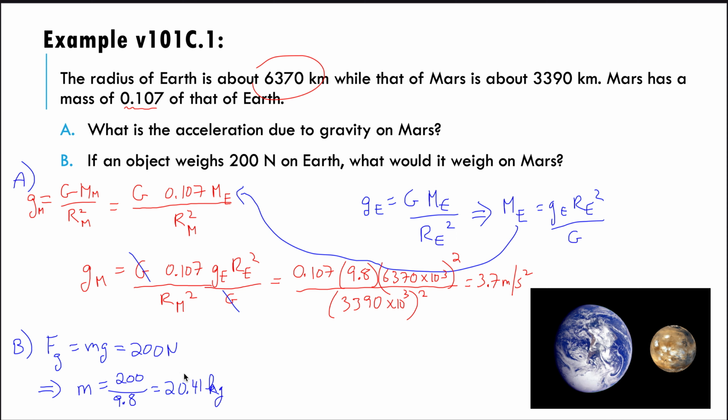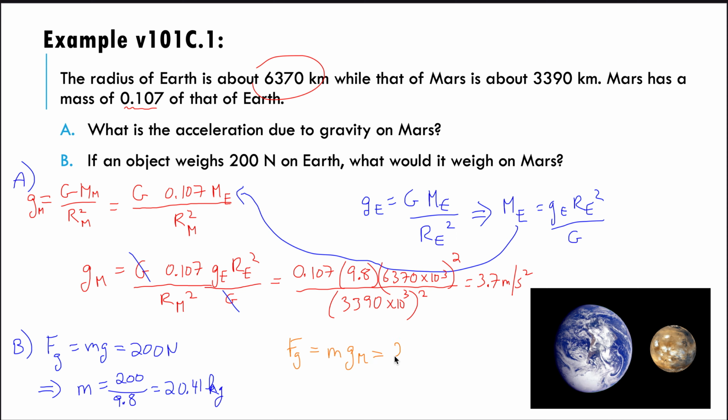Now that we know the mass of the object, and we know that the mass doesn't change, if the object is on Earth or Mars, it will still have the same mass. So now we can look at the weight on Mars. We're going to have Fg on Mars equals the mass times g on Mars, times the 3.7 instead of the 9.8.